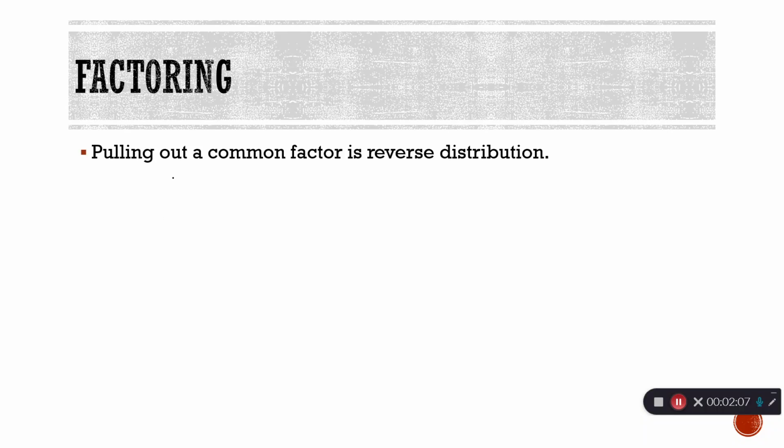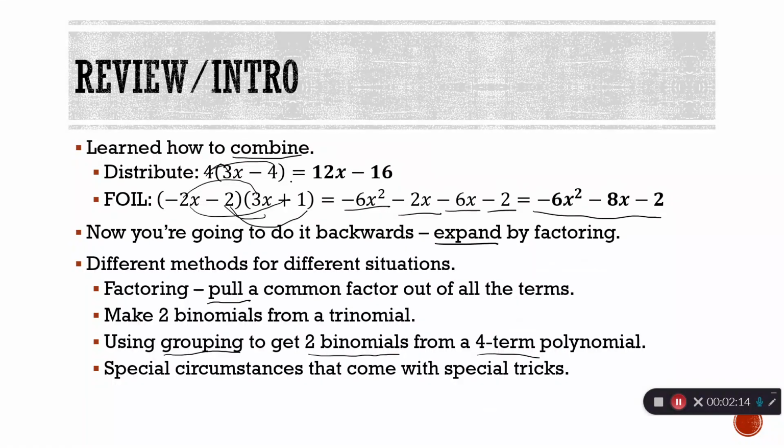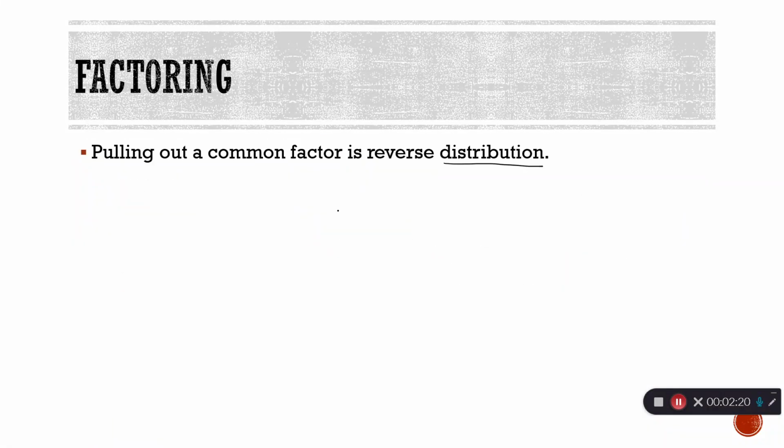So factoring, this is basically reverse distribution. So here, we did this, now we're going to go from here backwards. Okay, so you multiply before, so now we need to divide. So let's try it.